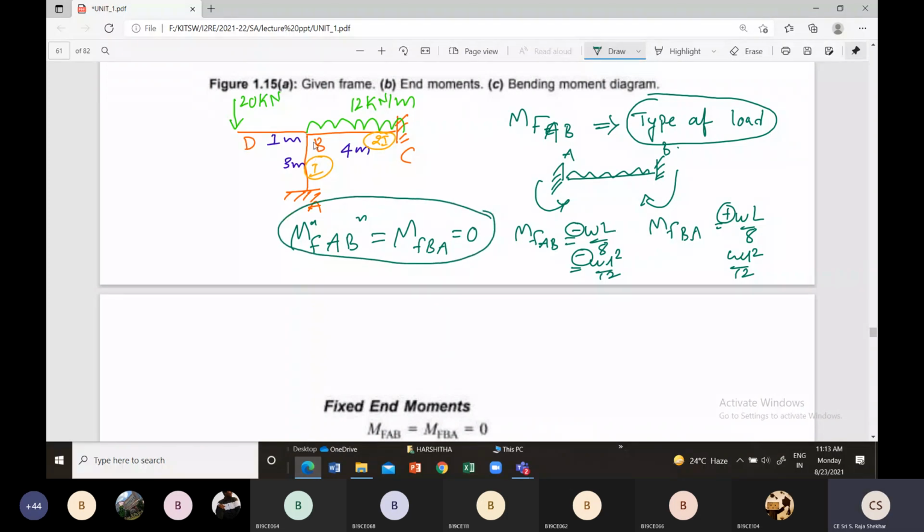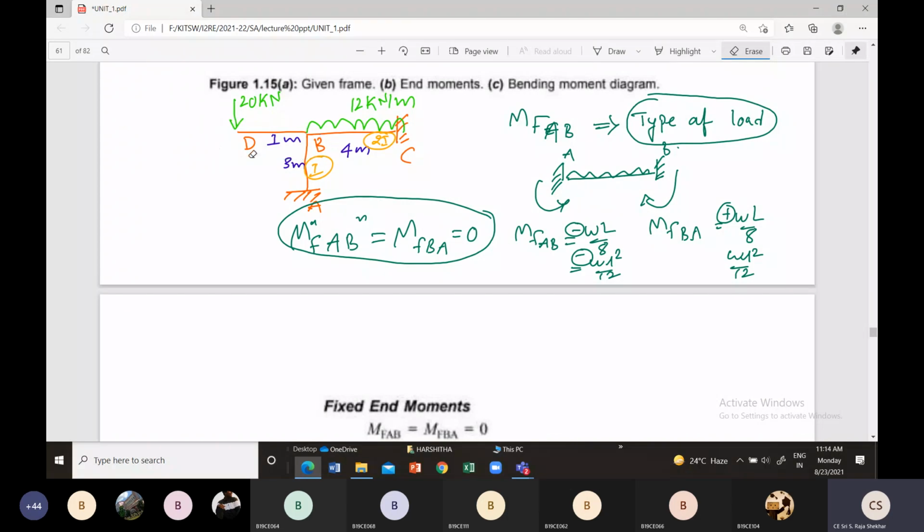For member BD and member BC, applied load will be there. For member BC, a uniform distributed load is there. For member BD, 20 kilonewton is there. But this is an overhang, so directly we can calculate the moment at B by taking moment at B. But for member BC, we need to calculate fixed end moments.